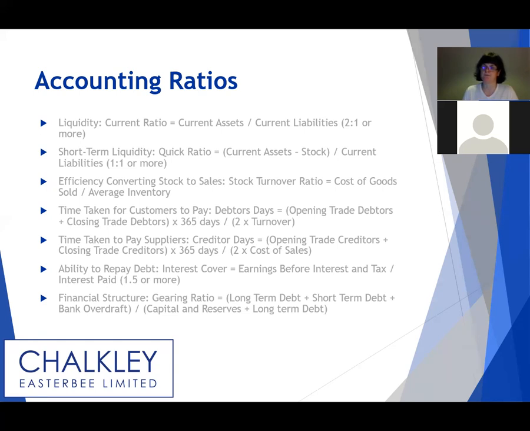So that's your short-term amounts you owe. And you're generally looking for a position, ideally, where your current assets are about twice what your current liabilities are. You can have a look at things such as the efficiency with which you convert stock to sales. So how quickly you turn your stock over, how long it sits in the warehouse.